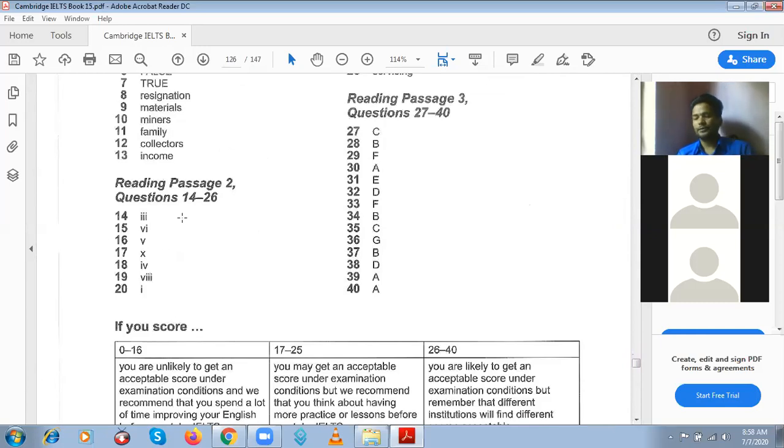Question number 14, the answer is triple I, yes? Yes. 15, correct. 16, correct. 17, correct. 18 also correct. 19, correct. 20, distinctly chosen.